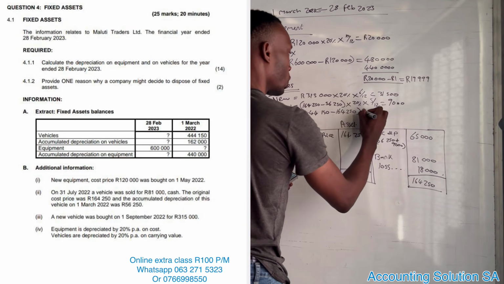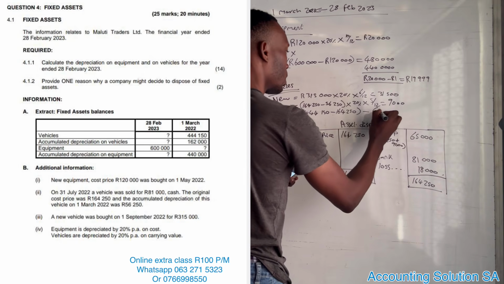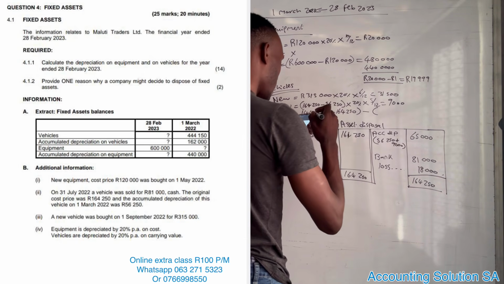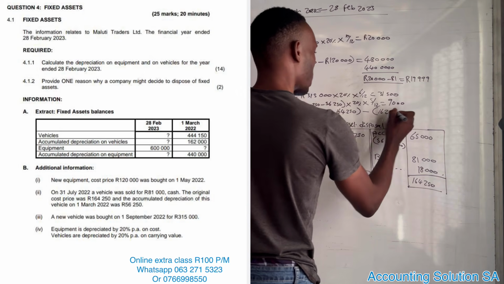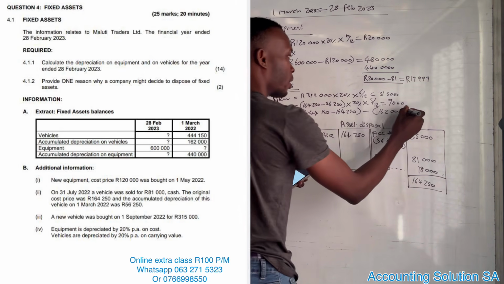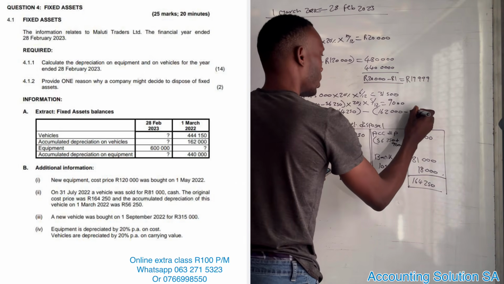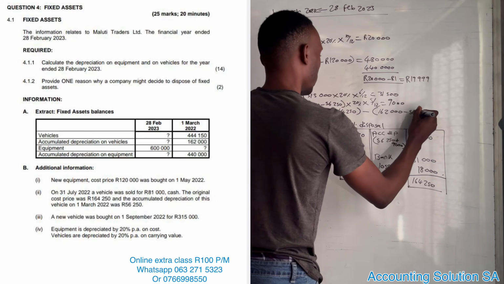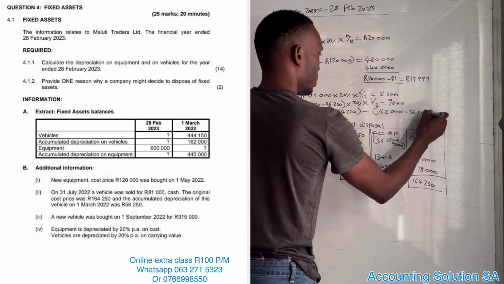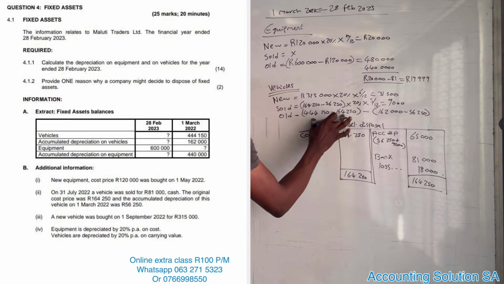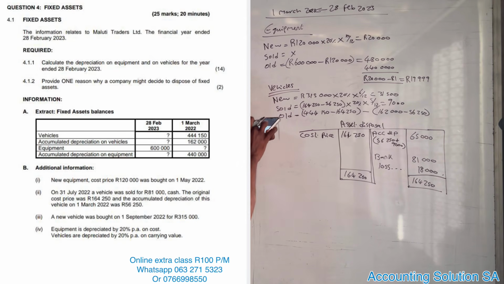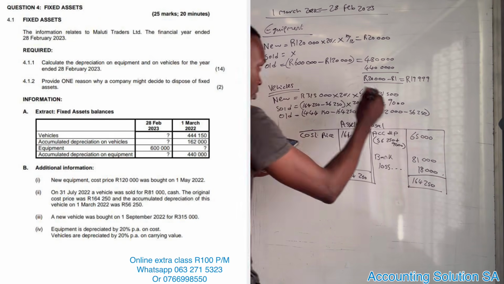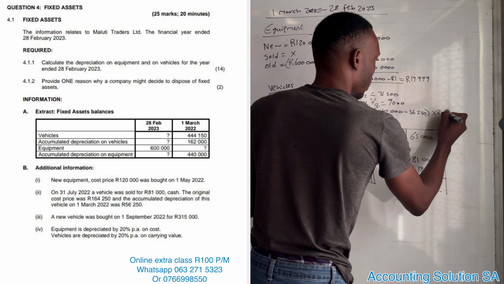This is the cost which we have to subtract. Accumulated at the beginning it was 162,000, but we must also remove the accumulated of the sold one, because we already completed it and it was already recorded, because this is the opening balance. You get an answer here and an answer here, you subtract them, and after that you multiply by 20%.